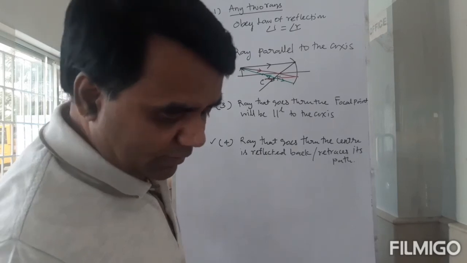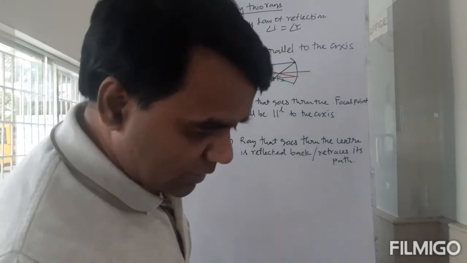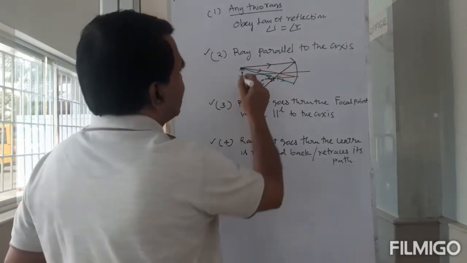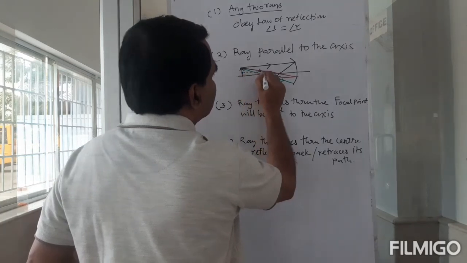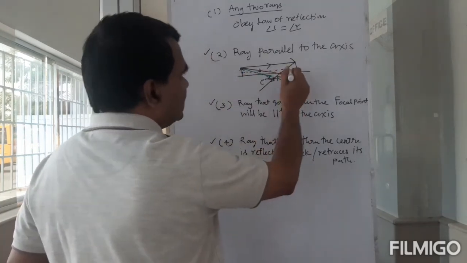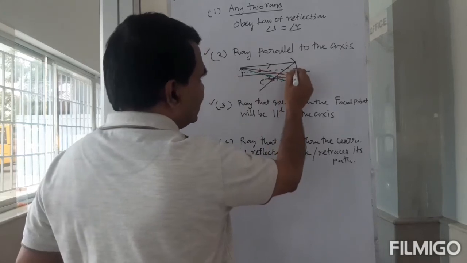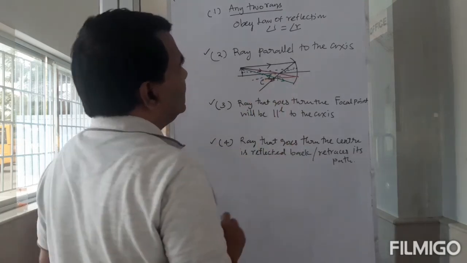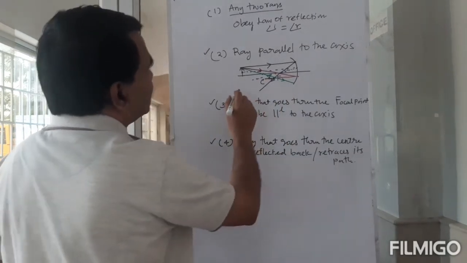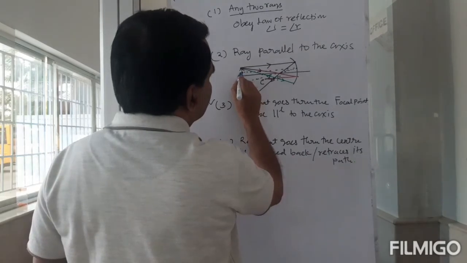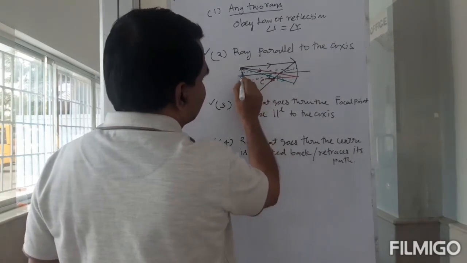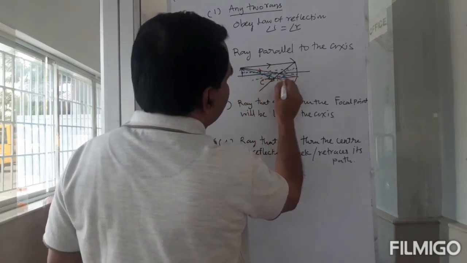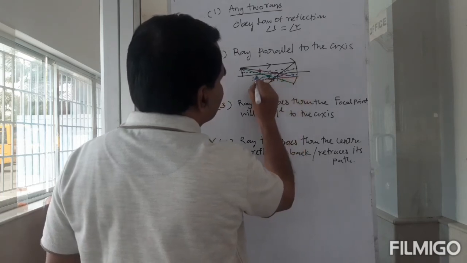Suppose I take some point here, in the middle. Then what would I do? I will draw a line parallel to the axis, and obviously the parallel line will go through the focal point. See, it's going to be like this, right? And I can draw a second line that goes through the focal point and travels parallel.